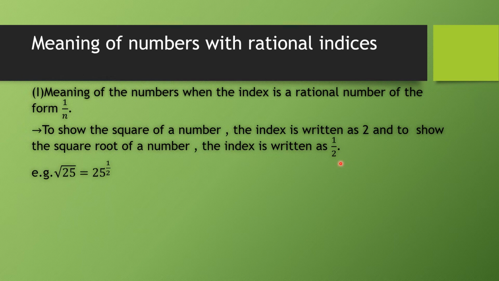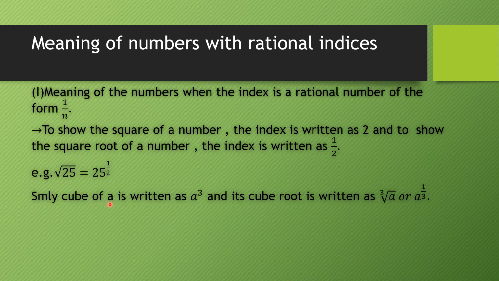Then here example, under root 25, or square root of 25, is equal to 25 raised to 1 upon 2. Again, this sign of root is known as the radical sign. I repeat, this sign is known as the radical sign. Keep this in mind.